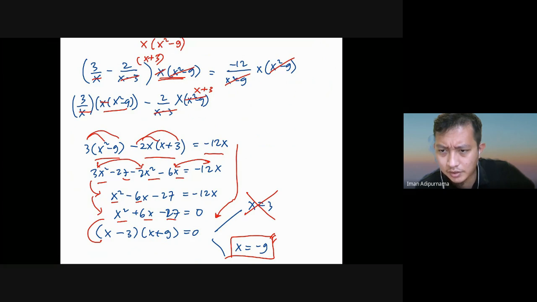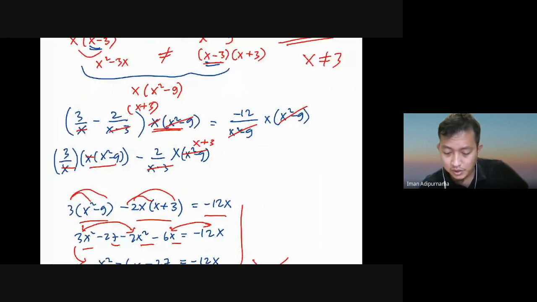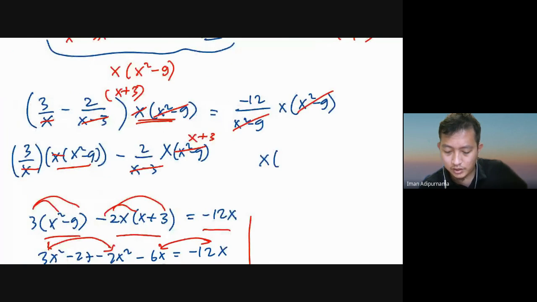Why didn't cancel the x minus 3? I don't understand your question. I think what you mean is why you are not writing like this. Is that your question? Why not writing this?